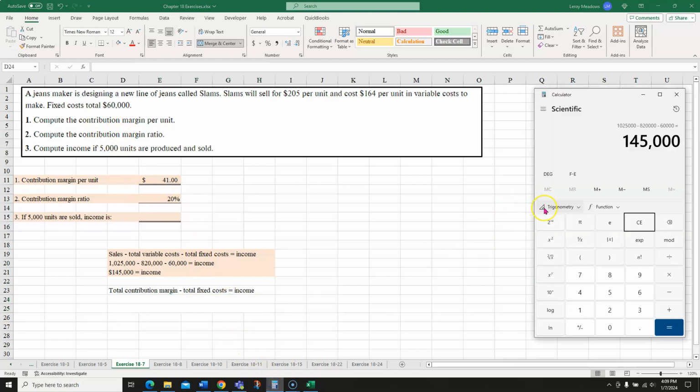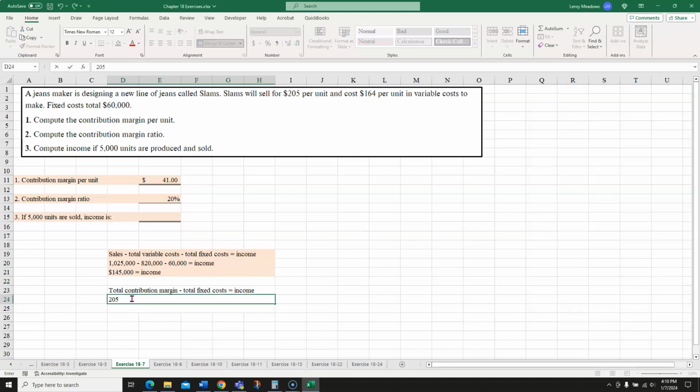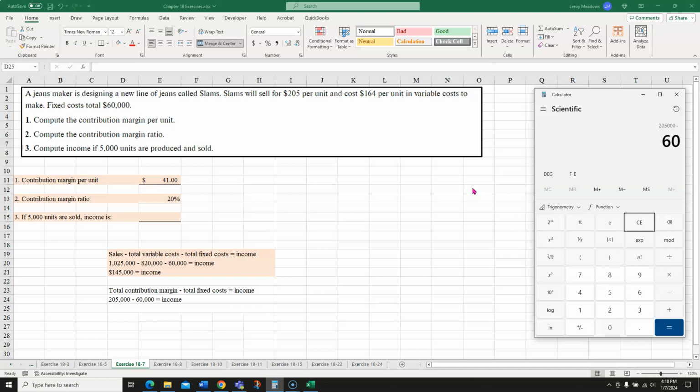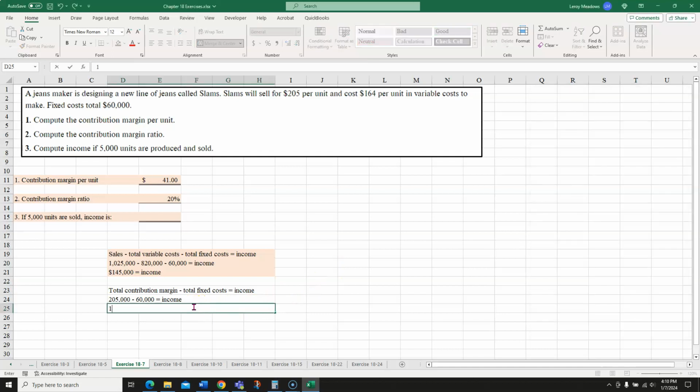So I could just take my $41 times 5,000 units, which would give me $205,000. So $205,000 minus my $60,000 of total fixed costs, and when I do that, my income is $145,000.